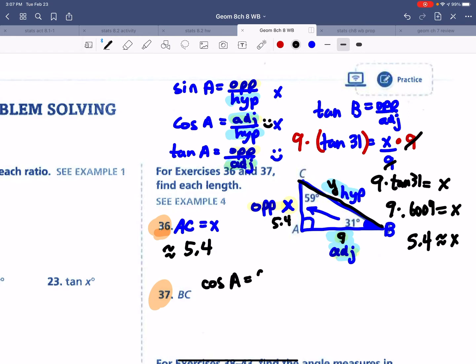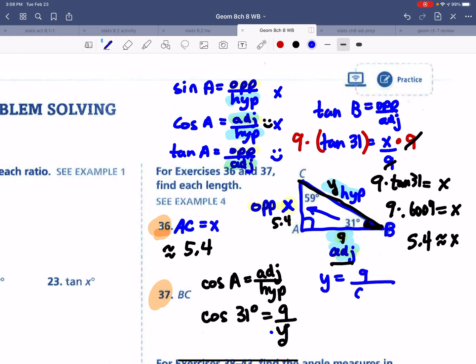The cosine of a reference angle is adjacent over hypotenuse. Here, plugging this in, we're still using angle B as our reference. That's 31 degrees. Our adjacent side is 9, and our hypotenuse is Y. So doing this swap, I move the Y here and the cosine of 31 down there. I can find my answer as long as I can figure out what the cosine of 31 is.